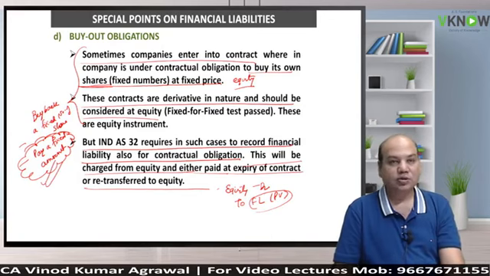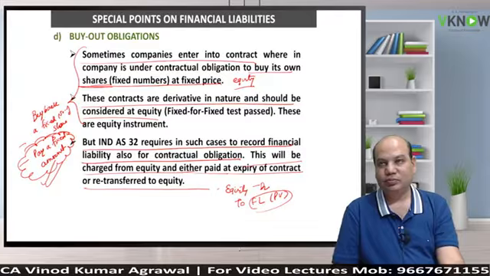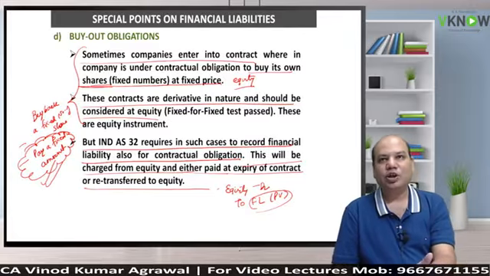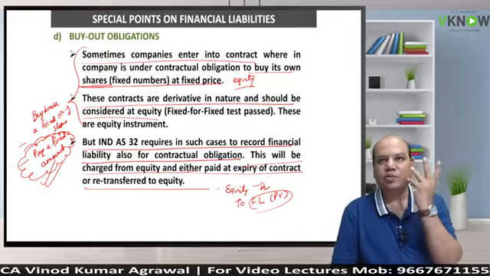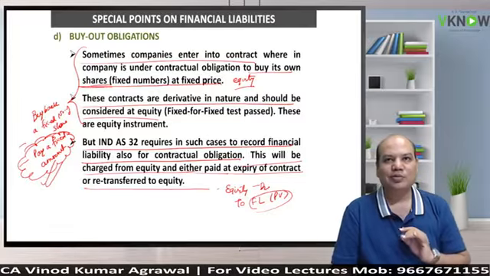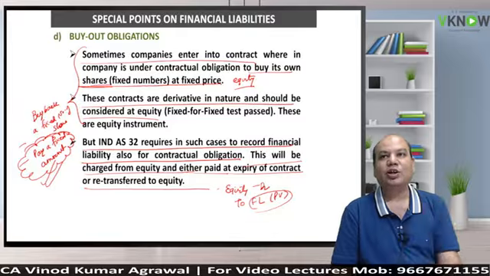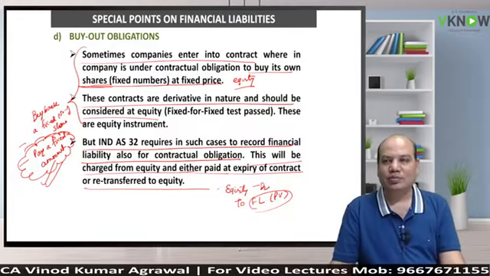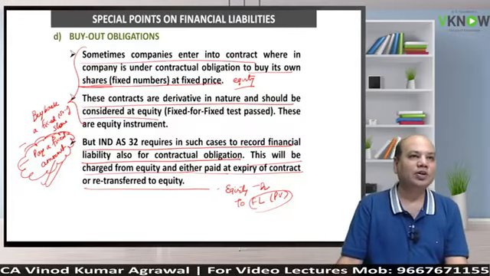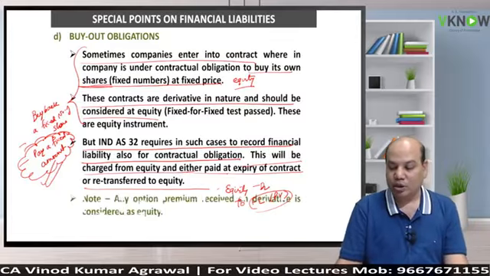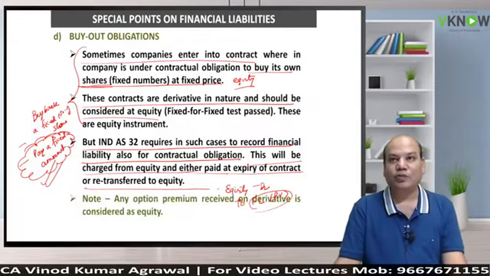Now the other party, suppose he approaches you and asks for money, then you will pass the entry financial liability to bank. But suppose that fellow does not approach you, then you retransfer the balance in financial liability to equity, because the other party may not come and demand the share or may not offer you the share back.